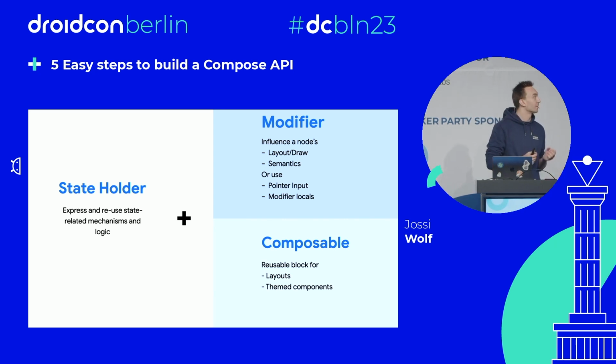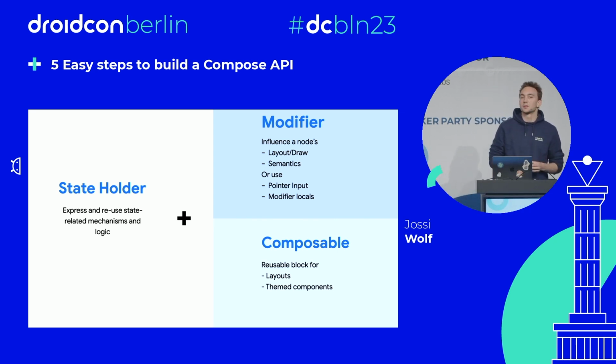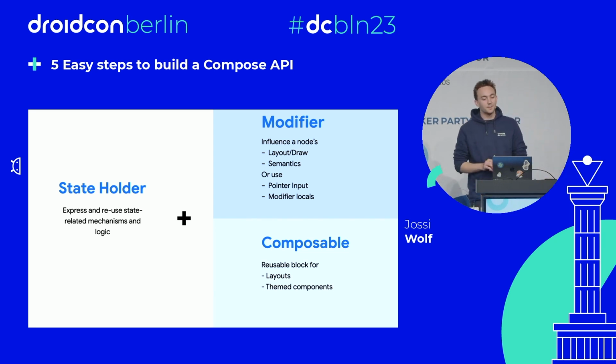And then you have modifiers, which are very, very useful for influencing a node's layout or draw. You can influence where something is placed or how it's drawn. You can influence the accessibility semantics, or you can receive pointer input on a node, or you can read modifier locals, which are similar to composition locals, which is implicit data that's passed in the composable tree.